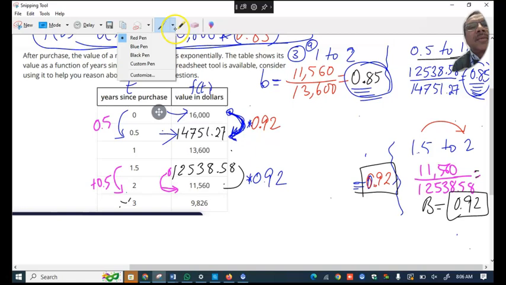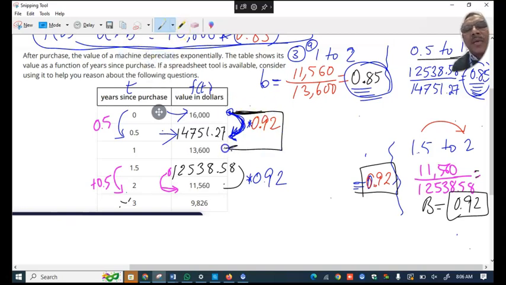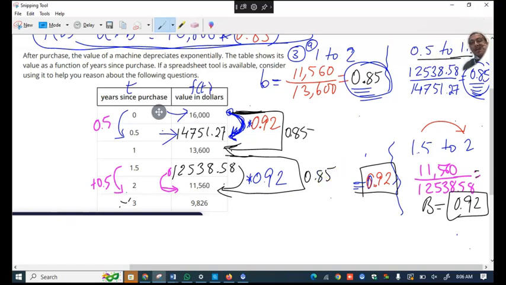This is 0.85. Look at that beautiful thing happening. And then again from here to here is 0.85. So it depends on what decay factor it is for what input. Is it every one year or is it half a year? So it depends on the situation.